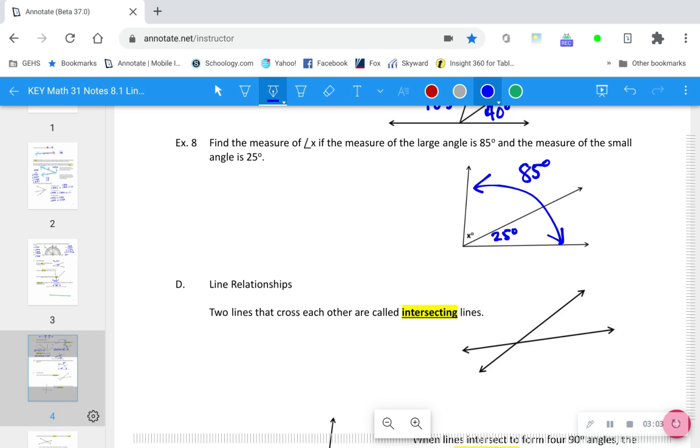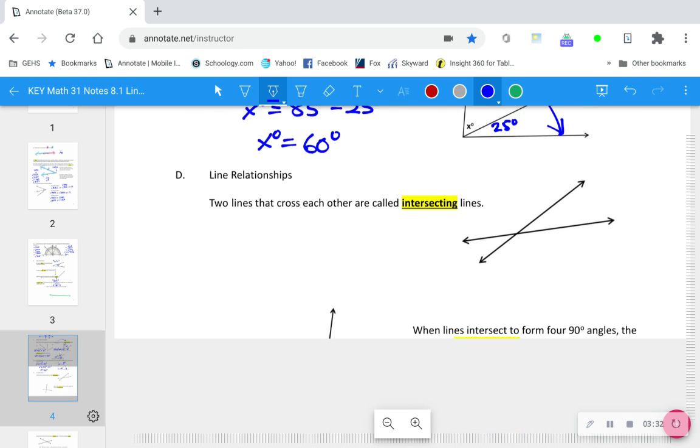So what we have here is a case where the two smaller ones combined add up to not 90, but 85 in this case. So, by the way, these would not be complementary angles because they don't add up to 90. But we're going to figure out how much x is by subtracting 25 off both sides. So x is going to be a 60-degree angle.